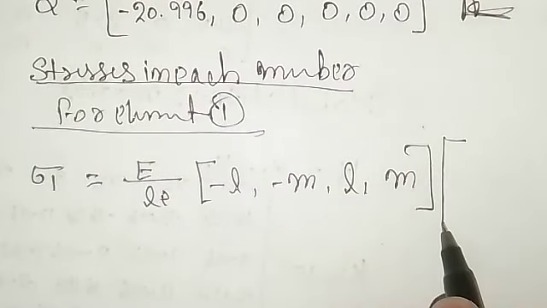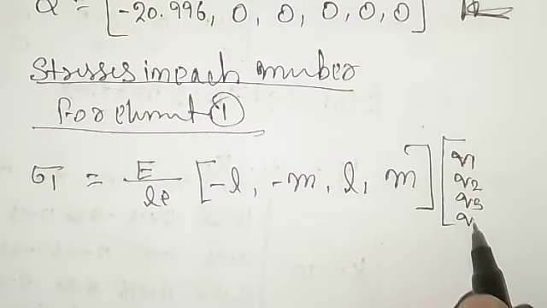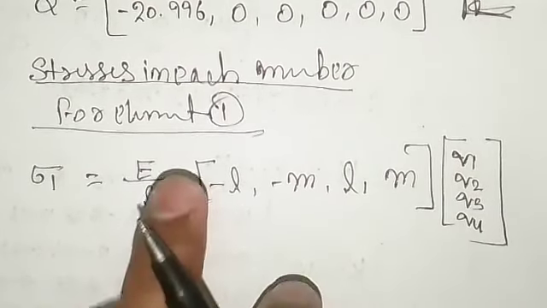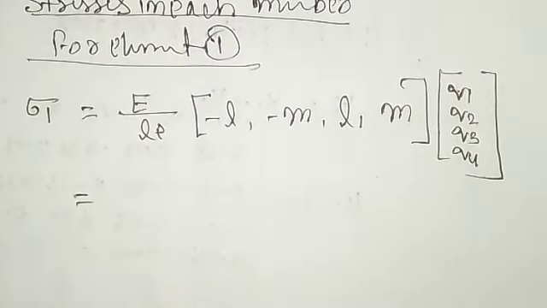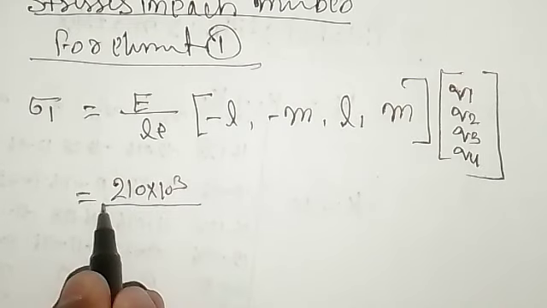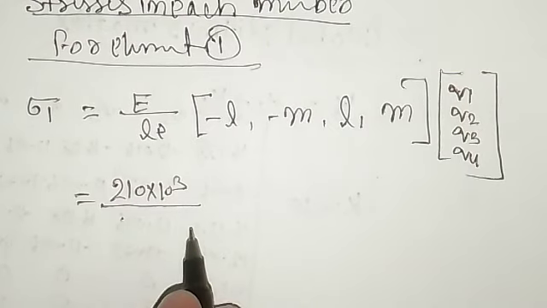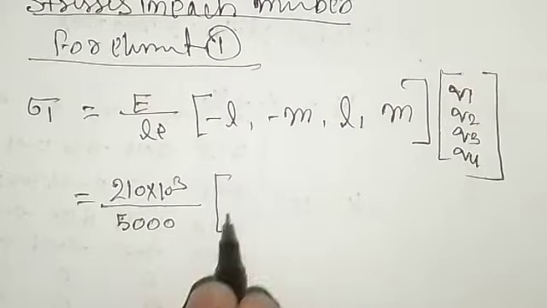Beside that we will write Q1, Q2, Q3 and Q4. This is the formula for finding the stress in a truss member, right? So Young's modulus is given for element 1. It is 210 into 10 to the power of 3, right? By LE we have calculated, which is 5,000, and minus L is what?